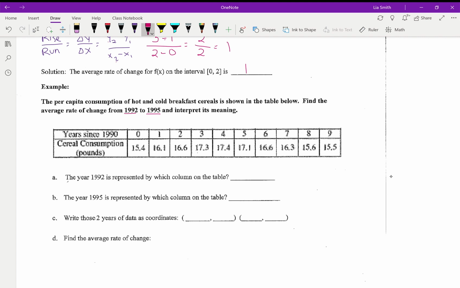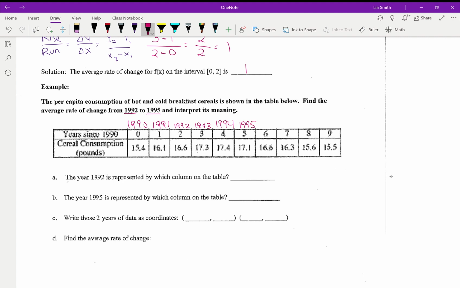A couple things to look at here, it says years since 1990. So if this is 0 here, that means that this is 1990. This 1 represents 1 year after 1990. So this column represents 1991, 1992, 1993. That might be a help for some of you with reading your table.